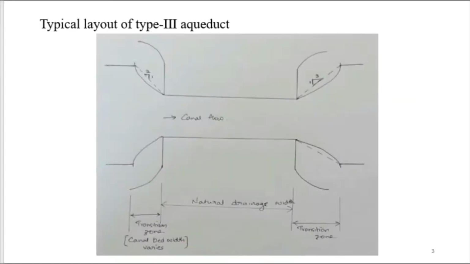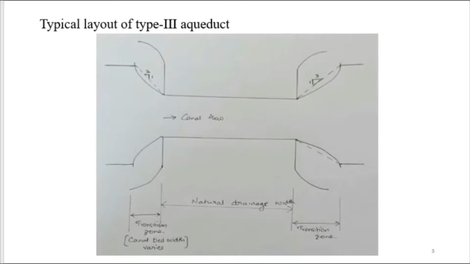So this is a typical layout of a type 3 aqueduct. As you can see, it is divided into 3 zones. First one is a transition zone where the actual width of canal gets reduced to a lesser width, the aqueduct width. Now the aqueduct is provided. You can see the natural drainage width. In the natural drainage zone, the width of canal is reduced to a lesser value.